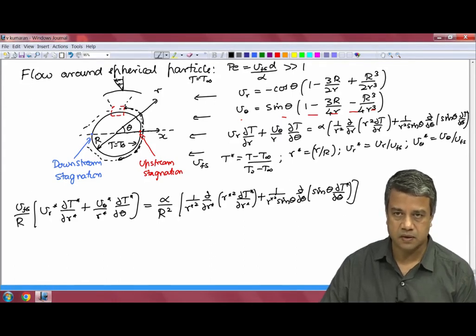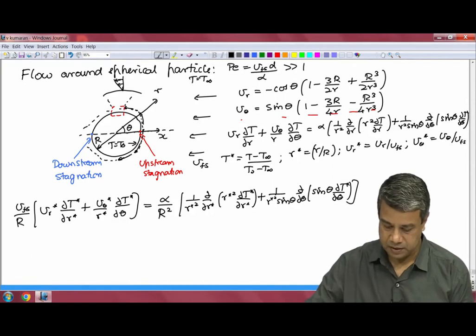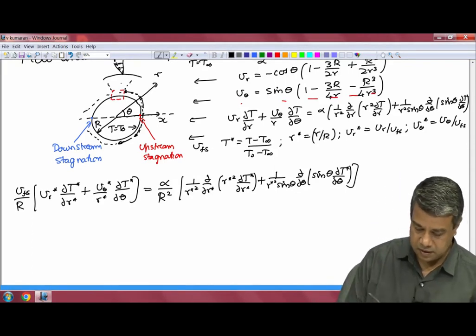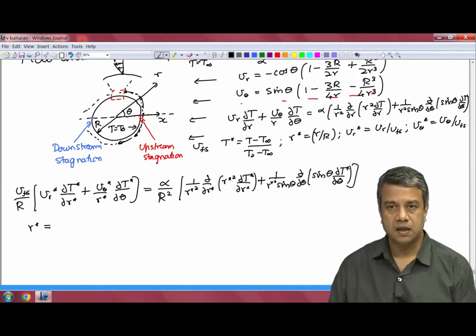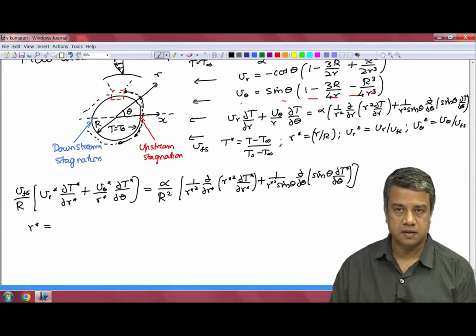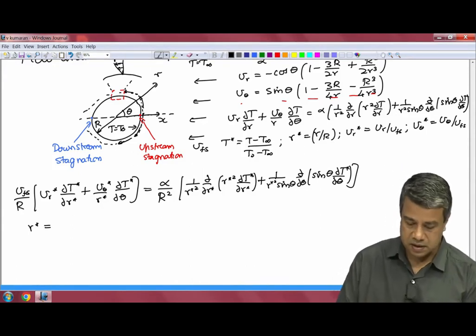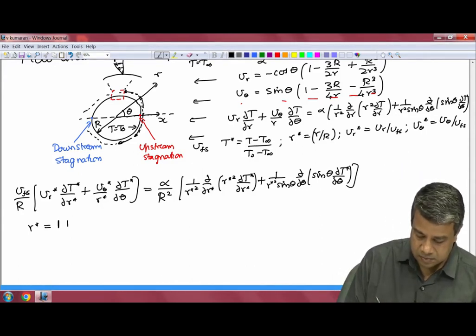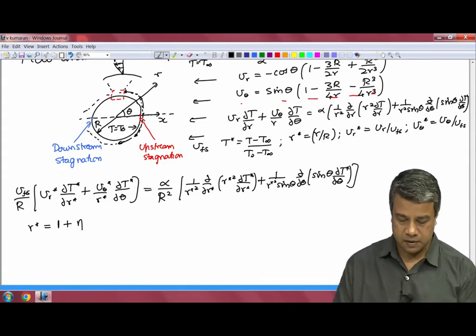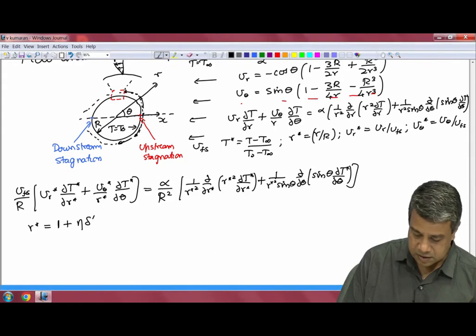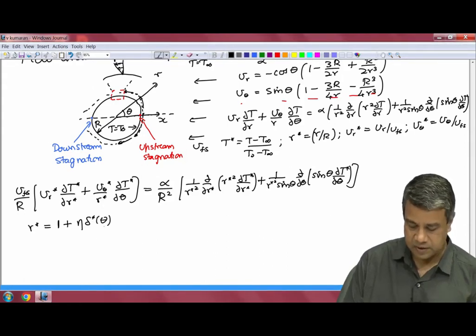So, the boundary layer thickness will be a function of theta. Therefore, we will define the radius r star close to the surface. At the surface, r star is 1 because it has been scaled by the radius. So, close to the surface, r star is written as 1 plus a scaled variable times delta star of theta.